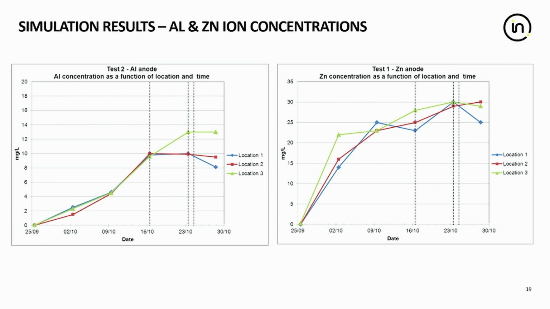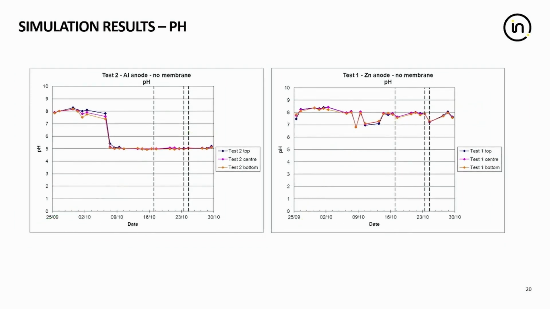Sorry, I'm jumping ahead a little bit. This first set of results are the ion concentrations. So we can see that in both cases, with time, it's about 2 to 3 weeks there, we saw development of aluminium and zinc in the solution, which of course is what you would expect.